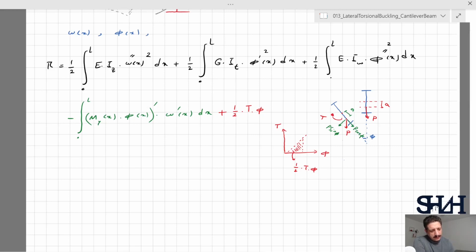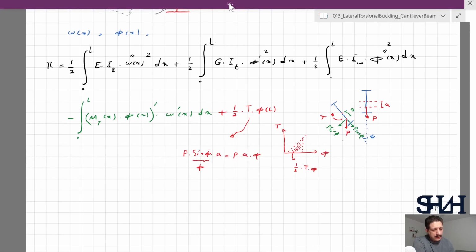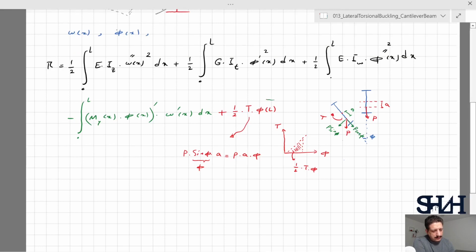In this example, it's at the distance of L. And T can be calculated as P sinus phi times A. As far as the rotation is very small, we can approximate sinus phi to be as phi. So this will be PA phi. And I can rewrite this as 1 over 2 P times A times phi square.